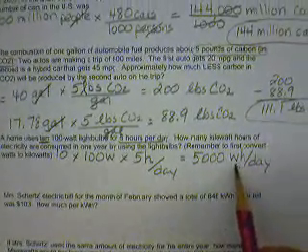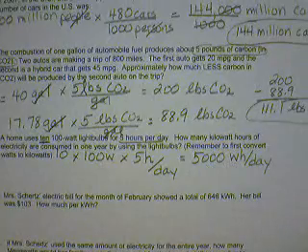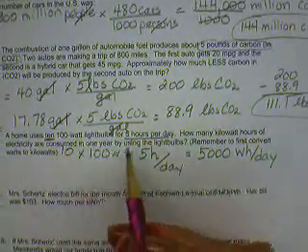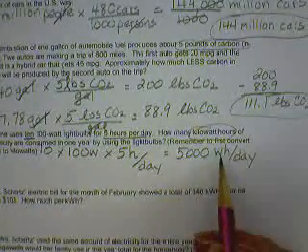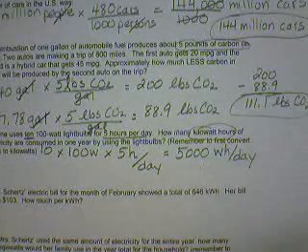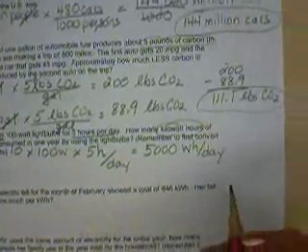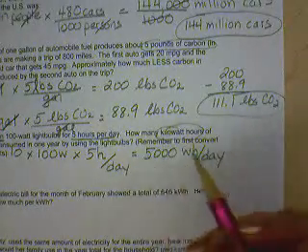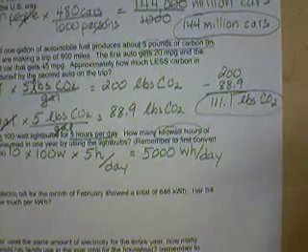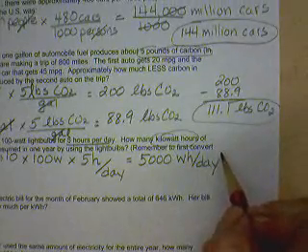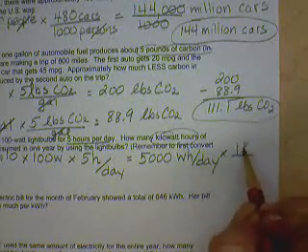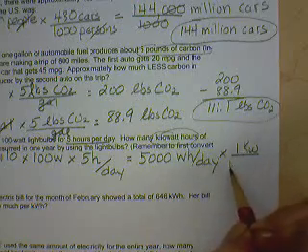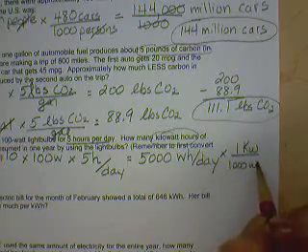Now I'm going to take this and I'm going to convert it to kilowatts because our answer has to be in kilowatt hours. And so there's 1,000 watts in a kilowatt. So this is just really easy to figure out. This is just 5 kilowatts. But if you wanted to set it up, you would say 1 kilowatt is equal to 1,000 watts.